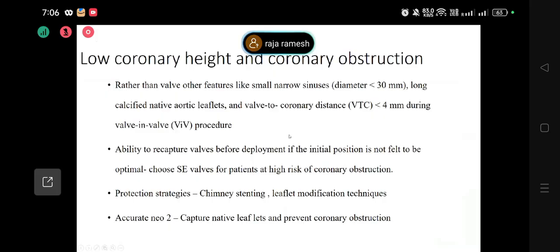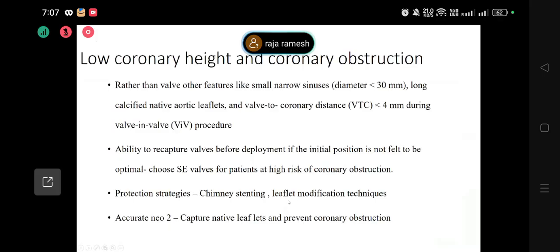First, choose a valve with less risk of coronary obstruction. If you have to choose a valve and you have to prevent coronary obstruction, then use protection strategies. What are the protection strategies? Keep a stent at the coronary ostia while deploying the valve. Immediately after deploying the valve, if there is a coronary obstruction, we can pull back that stent and deploy it in the left main ostium or the right coronary.